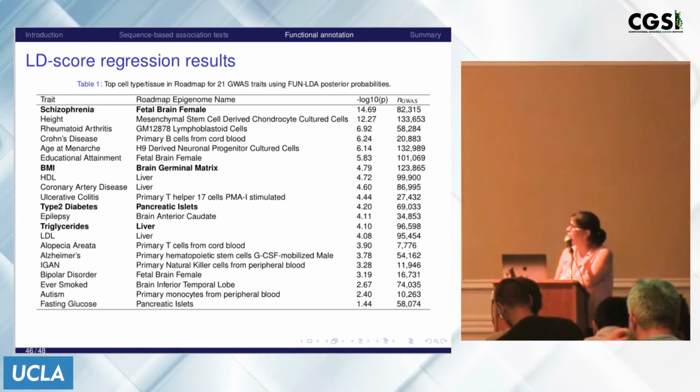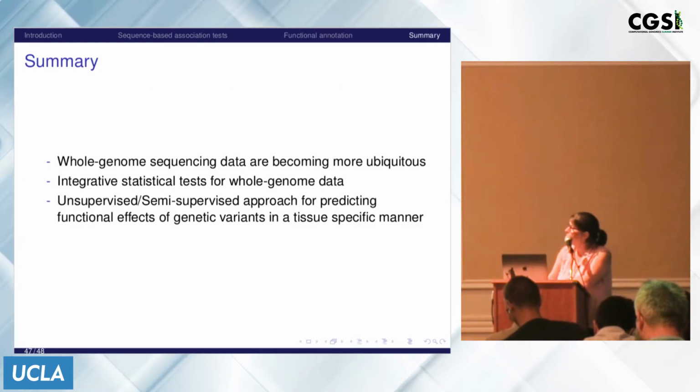For schizophrenia the most significant tissue is brain. For BMI we also get brain. For these lipid traits we get liver. For type 2 diabetes we get pancreatic islets and so on. So overall, what I want to say is that these functional predictions across different tissues have very useful applications in complex trait genetics.